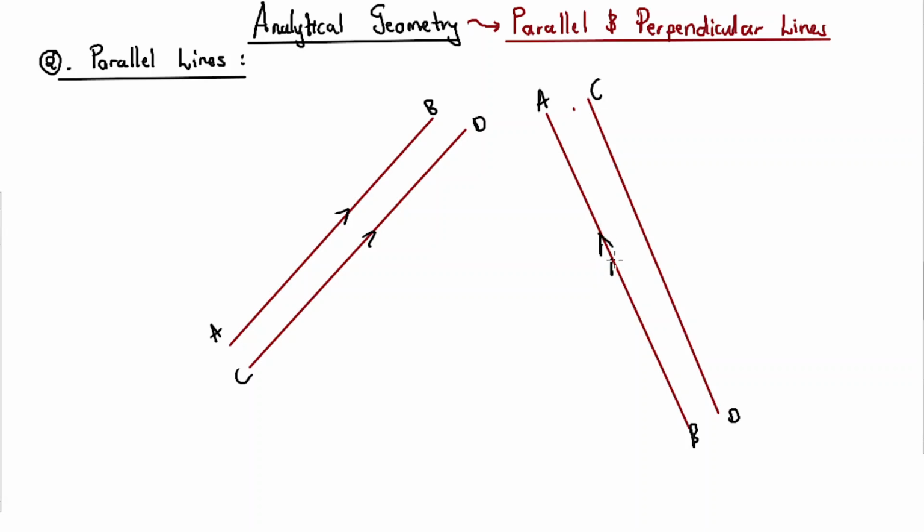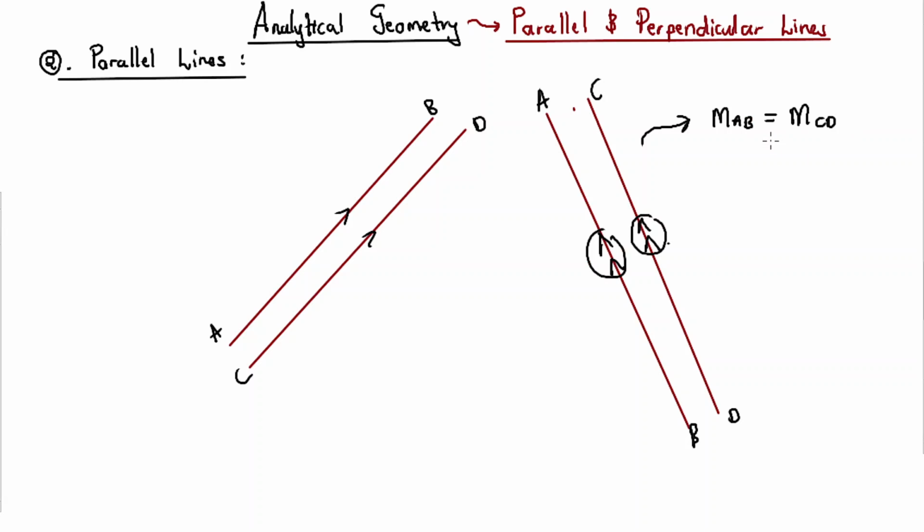When these lines are said to be parallel to each other, we say that for any pair of parallel lines, their gradients are always going to be equal. So the gradient for line AB is going to be equal to the gradient for line CD, provided that the lines are parallel.